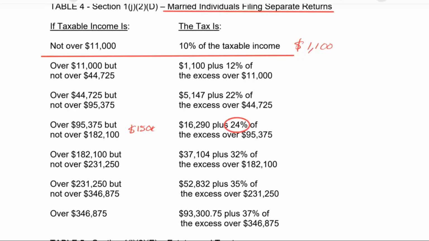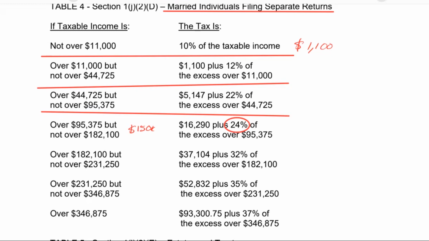Now, once we do the math and add up all these brackets, what the married filing separately couple will owe would be $29,400, which is how much more than the couple that's only paying $23,615. This household is paying $5,785 more in taxes just for their filing status alone.